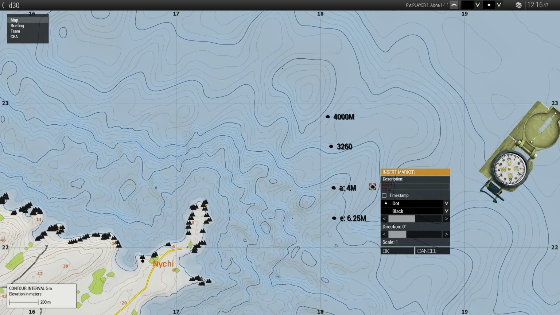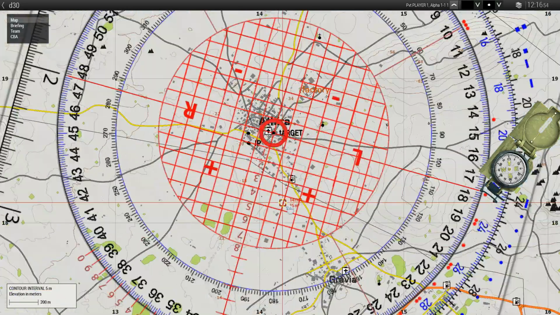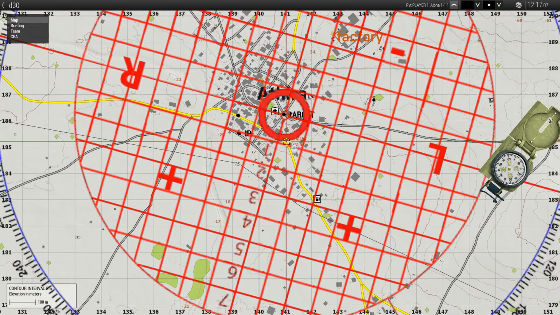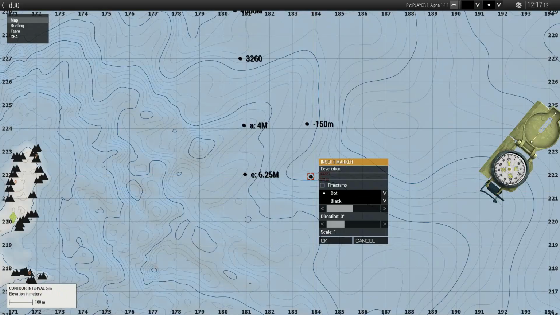I need to change here minus 150 meters. And range-wise, moving 150 meters counterclockwise, I will get to this point, but I also need to shorten my range by exactly 100 meters. So I need to decrease my range by 100 meters. Here I need to do minus 100 meters.